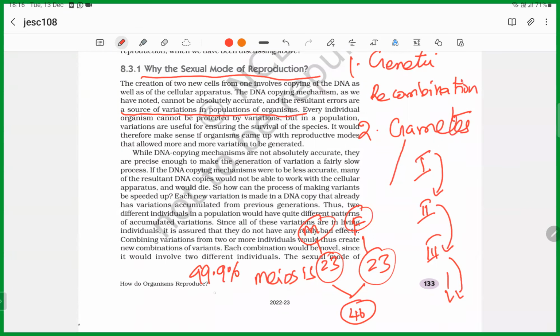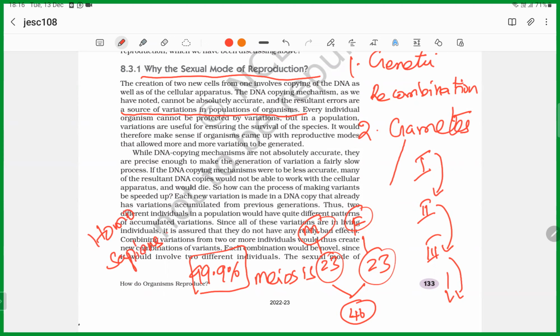99.9% of the human genome is similar for many generations. All human beings. You remember when Homo sapiens evolved? 25,000 years ago.